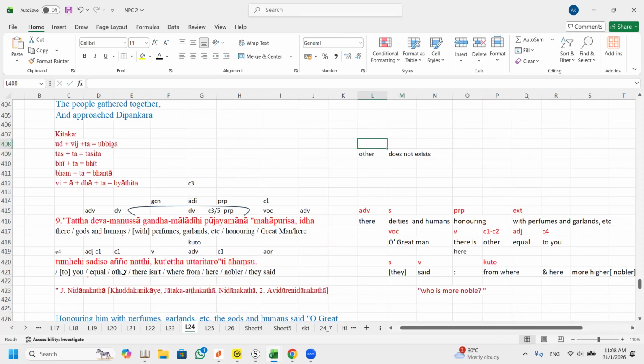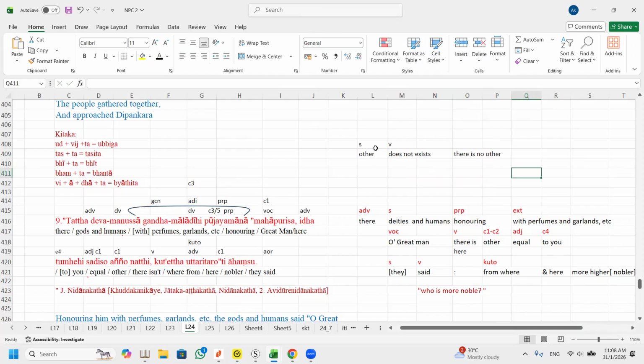If you take this as the subject and this as the verb, then rearrange this: there is no other. So this is in Pali, and this is in English: there is no others.